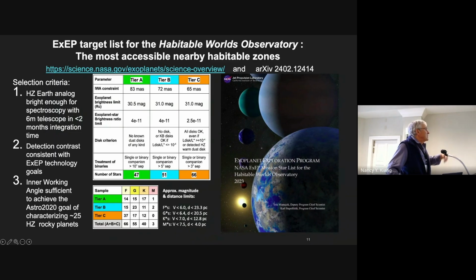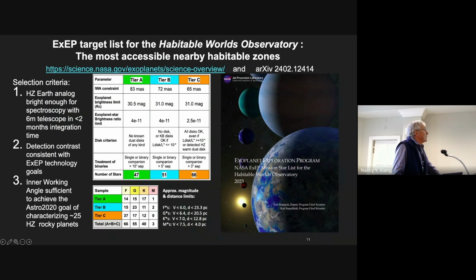This list has proven to be quite popular, with like 65 citations to this document in the community in the past 2.5 years. It's like the most cited paper with the term Habitable Worlds Observatory in the abstract. I wanted you to be aware of this because the exact targets, at least the best ones in tier A, are almost certain to be observed.